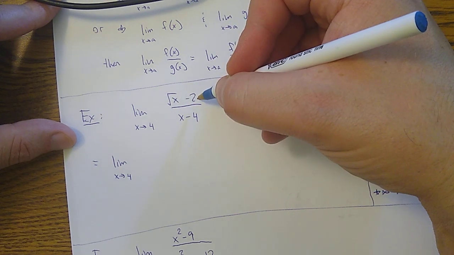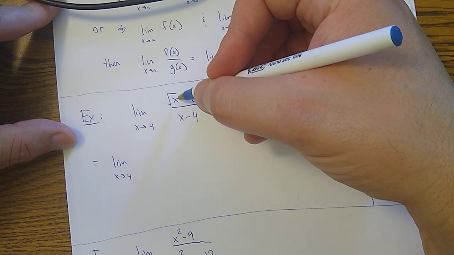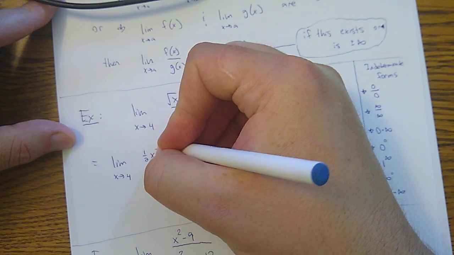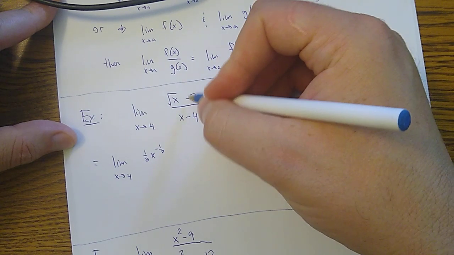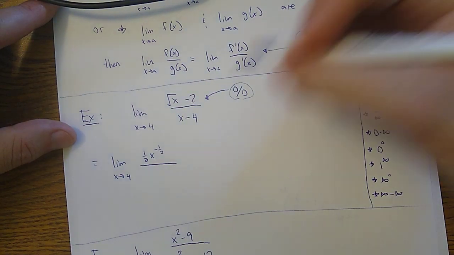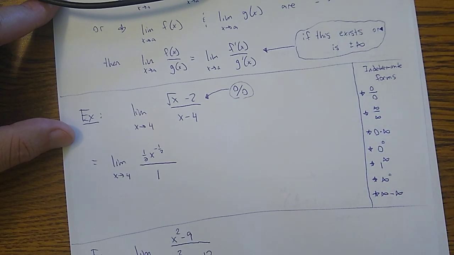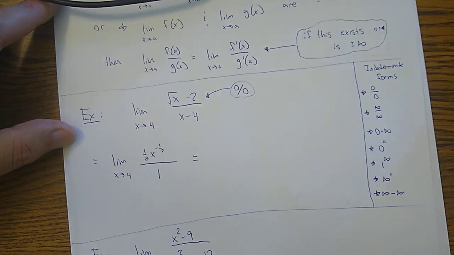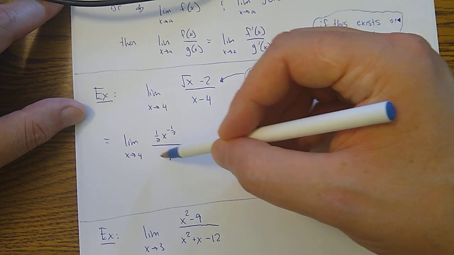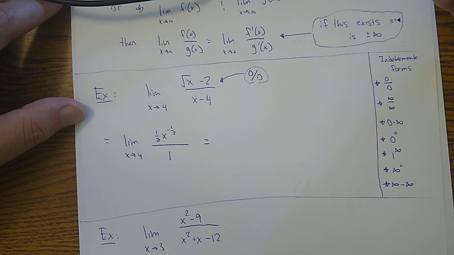So I do the derivative of the top. This is x to the 1/2, so I can do 1/2 x to the minus 1/2, and then the 2 will just go away when I do the derivative of the top. And the derivative of the bottom is just 1. And now I try to plug in x equals 4, and I find that I'm not dividing by 0 or anything.